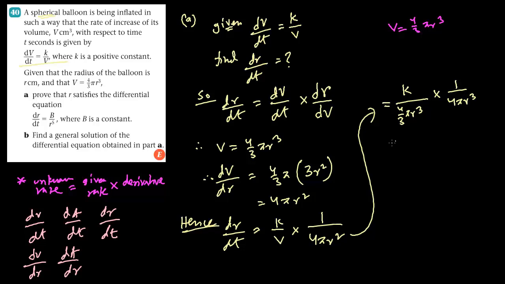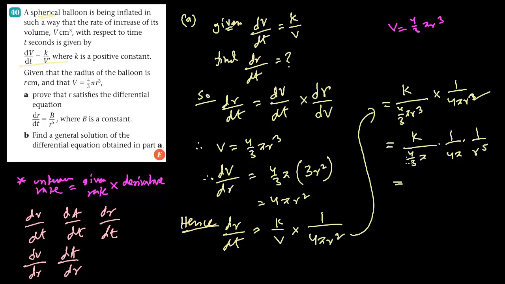What we can do is we can take all the constants together. K is a constant, 4 by 3 pi is a constant, 4 pi is a constant. So we can take all the constants together. So k, 4 by 3 pi, multiplied 1 by 4 pi, multiplied by r cubed into this is r squared, that is going to be 1 by r to the power 5.